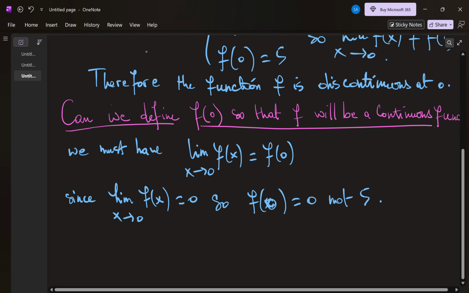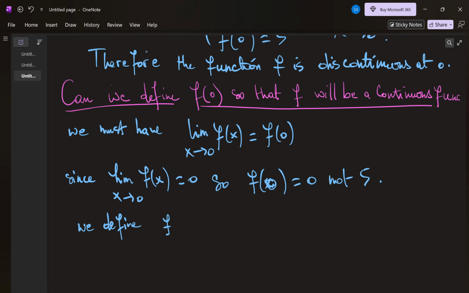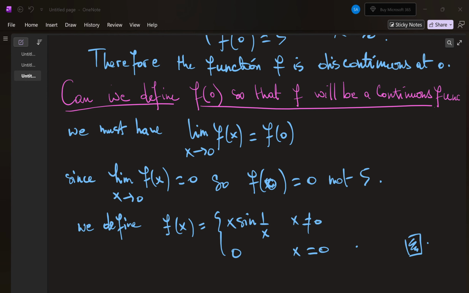So we define f like this: f of x is equal to x sine 1 over x when x is different from 0, and 0 if x is equal to 0. So this is the answer to question B. Now we pass to the next exercise.